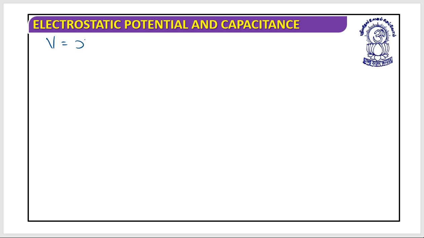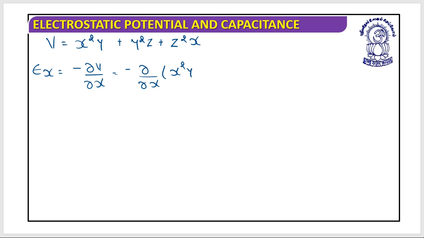V equals x square y plus y square z plus z square x. So Ex should equal minus of del V by del x. This equals minus of del by del x of x square y plus y square z plus z square x.